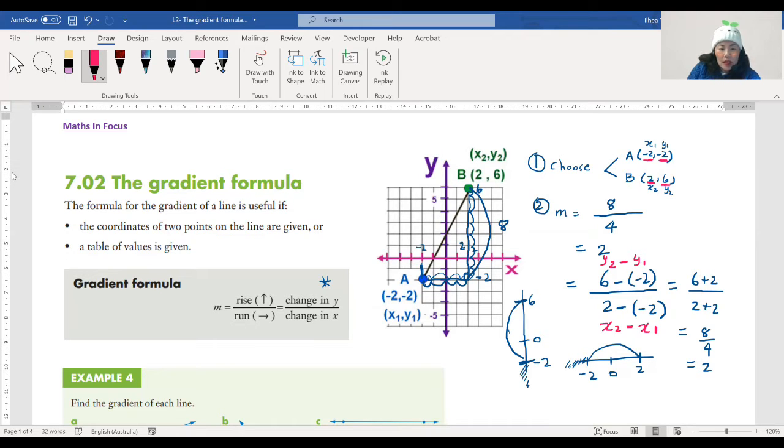Okay, so the formula, we can simplify this, is m equals rise, a change in y, which is y2 minus y1, and then the change in x, or run, is x2 minus x1. Okay, so you need to use this formula to find the gradient.